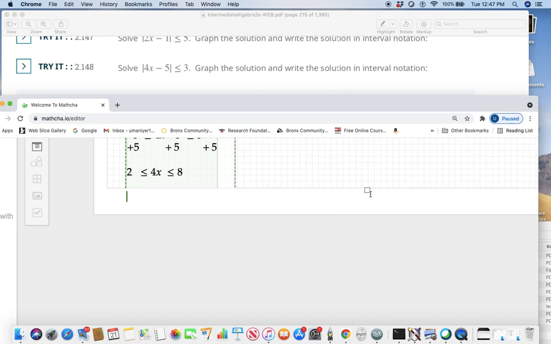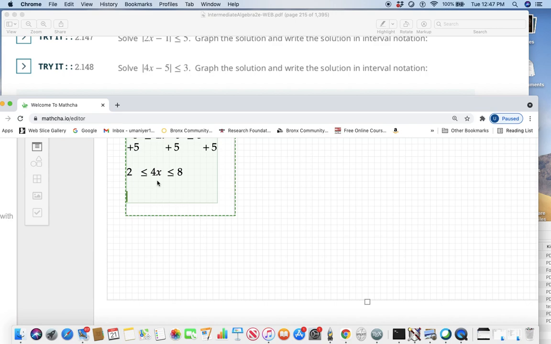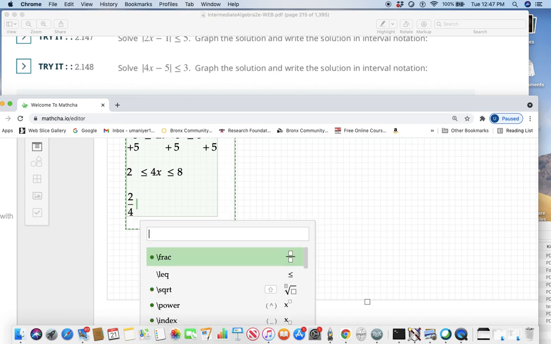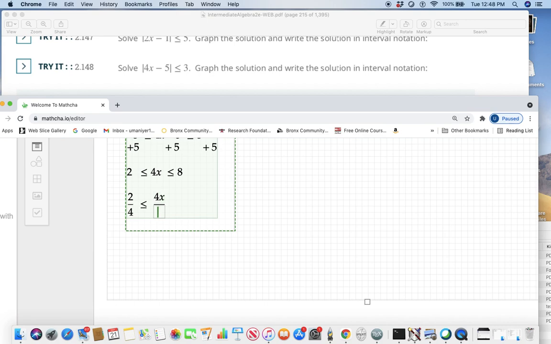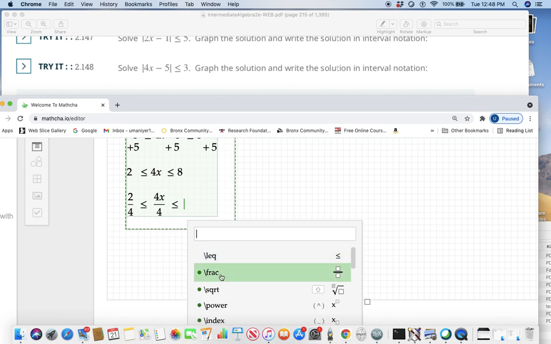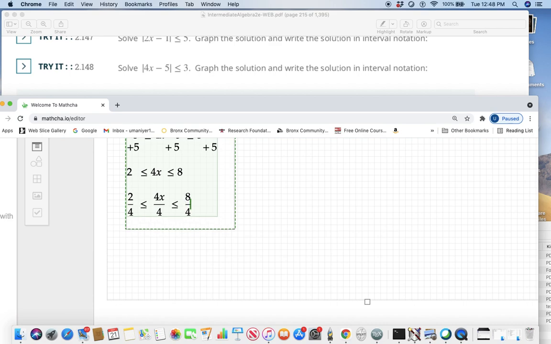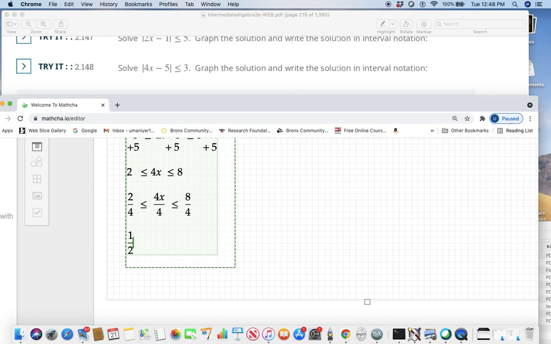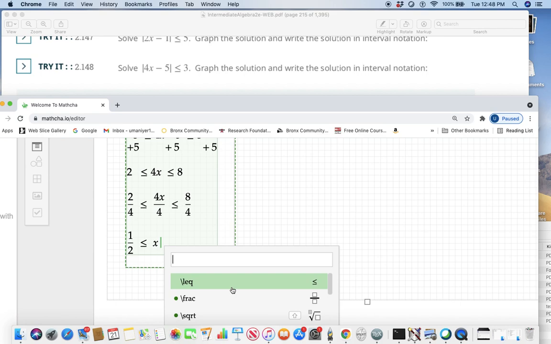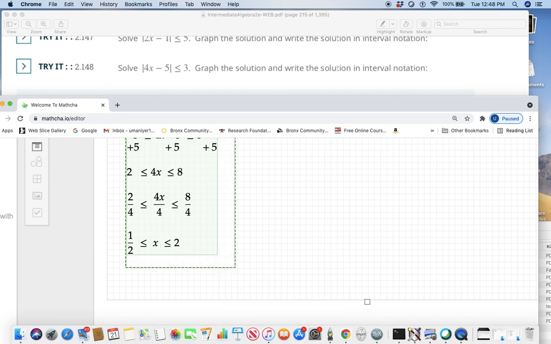At this point, to solve for x, you divide throughout by 4. 2 over 4 less than or equal to 4x over 4 less than or equal to 8 over 4. Fraction 1 over 2 less than or equal to x less than or equal to 2.